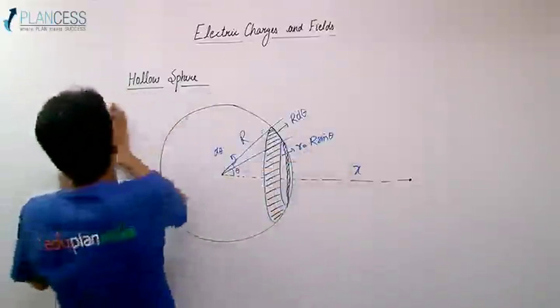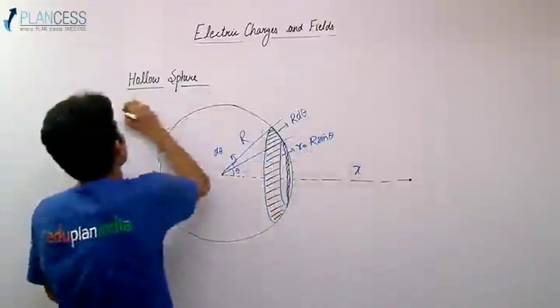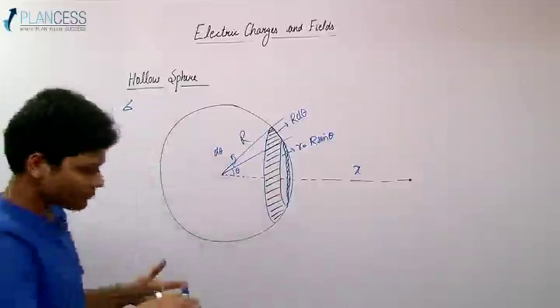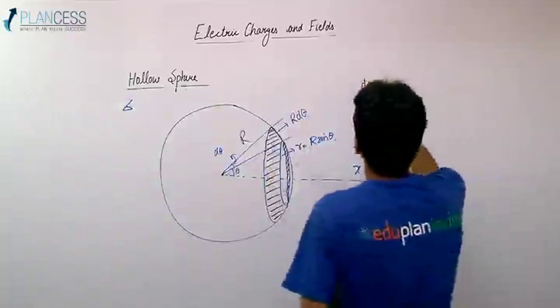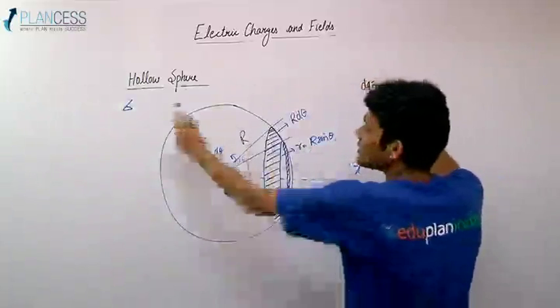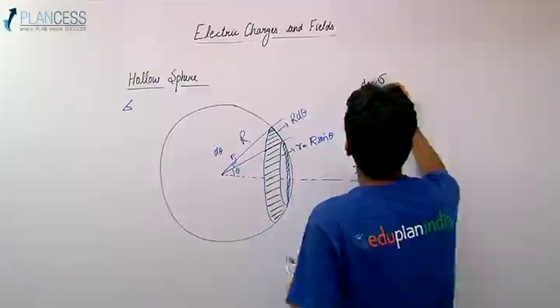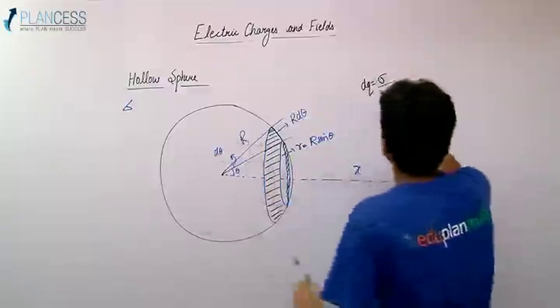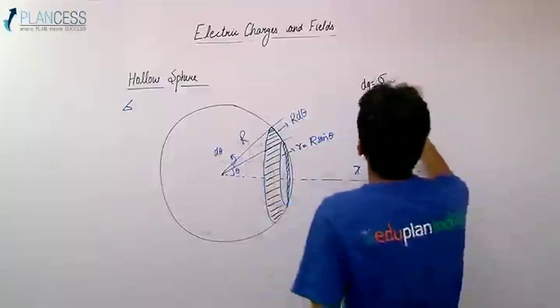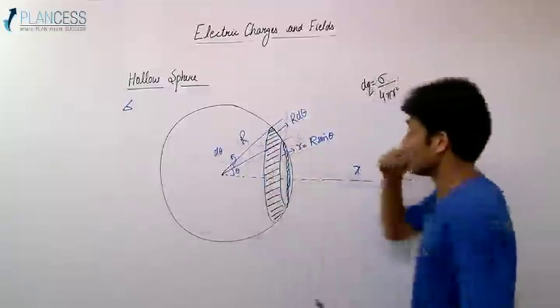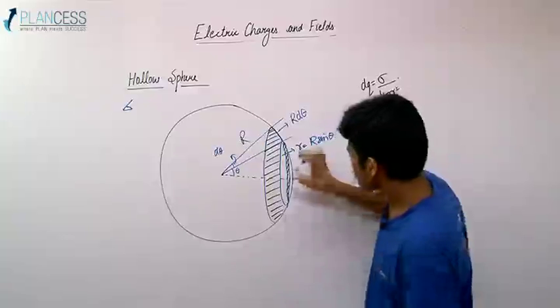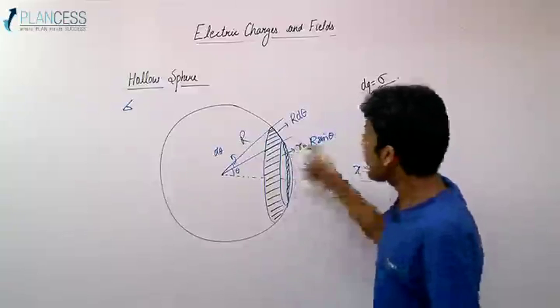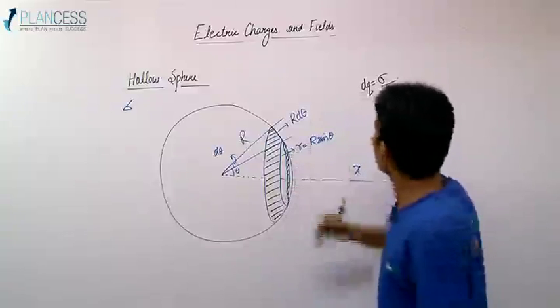You know the hollow sphere will have a surface charge density sigma. So you can find out that dq, the charge on this ring, can be written as sigma, the surface charge density, into the area covered by this ring, which would be 2 pi R sine theta into R d theta.